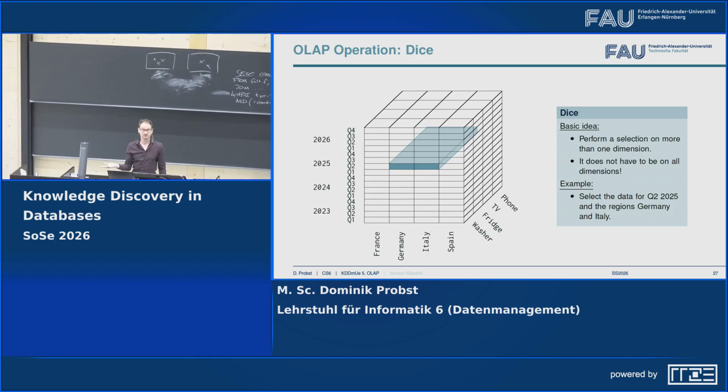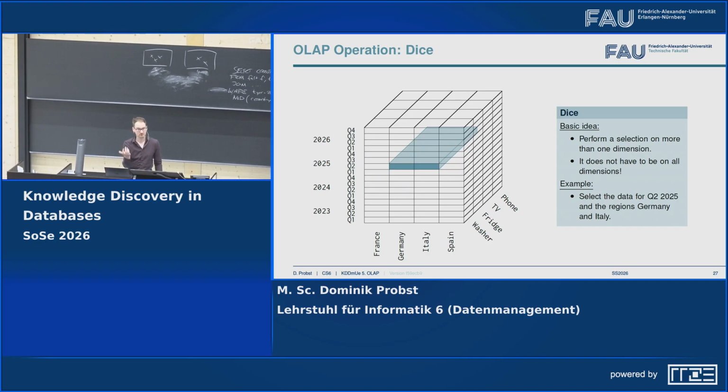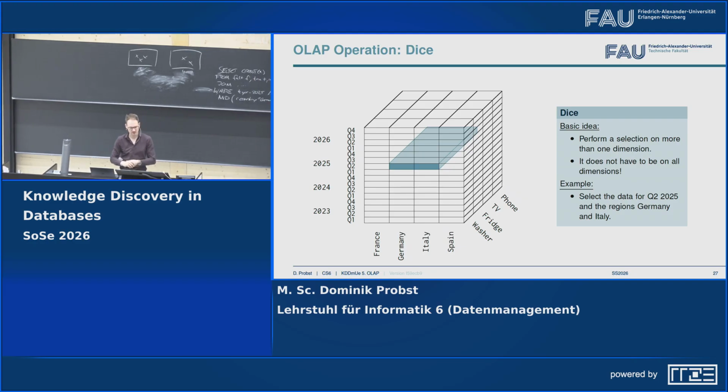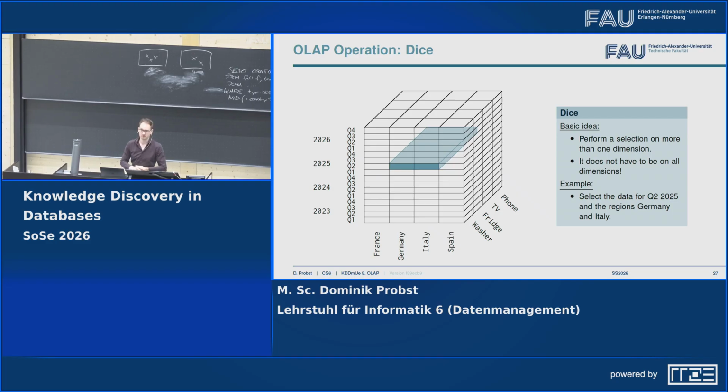That's basically a subset selection. The two options we have at subset selection: we're calling it a slice as long as we only select one subset of one dimension, but as soon as we select more, if we narrow down more than one dimension, then we are doing a dice.